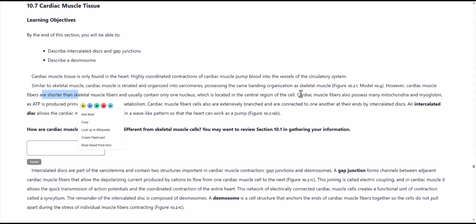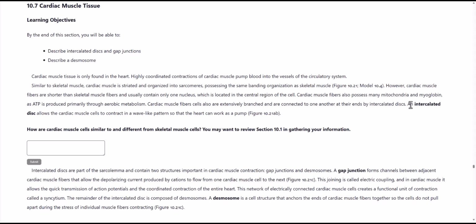Like skeletal muscle, cardiac muscle also has lots and lots of mitochondria because we are constantly needing lots of ATP for these cells to do their job. So I really want you to be able to compare and contrast cardiac and skeletal muscle cells very clearly.